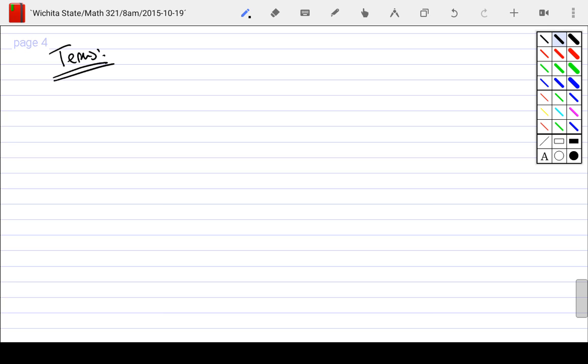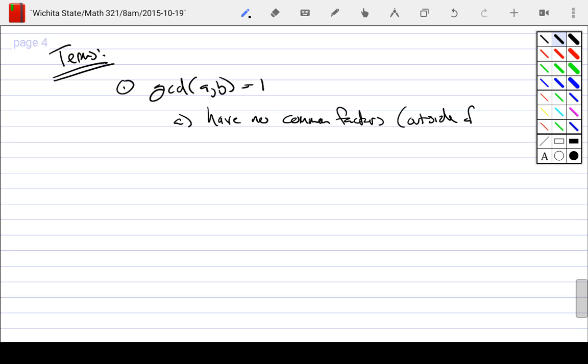One of the questions would be why. And the first thing would be if you would have the GCD of A and B are 1. If the GCD of A and B are 1, what you're saying is the largest number that divides them both is 1, which really would say that they have no common factors outside of 1, because everybody has a common factor of 1.